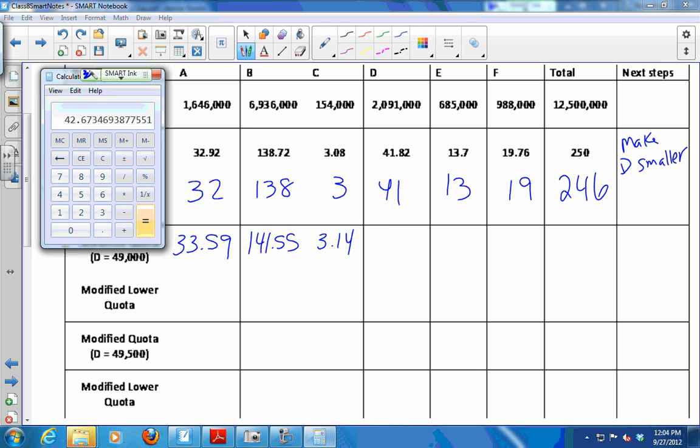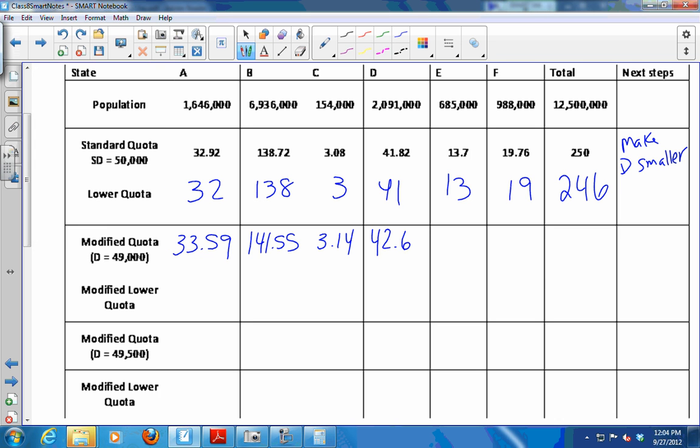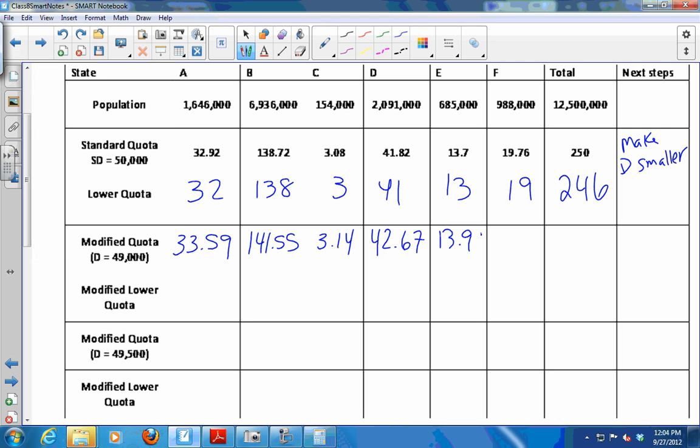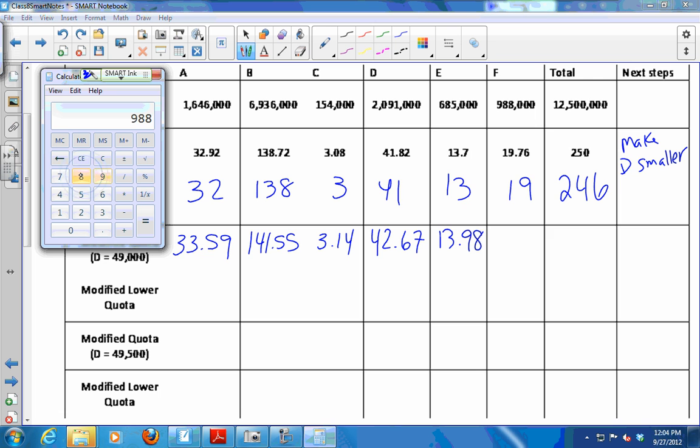And I get 42.67. And 13.98. Yeah, but the decimals aren't going to matter because I'm just going to round them all down. So I'm just keeping 2 decimals for now.